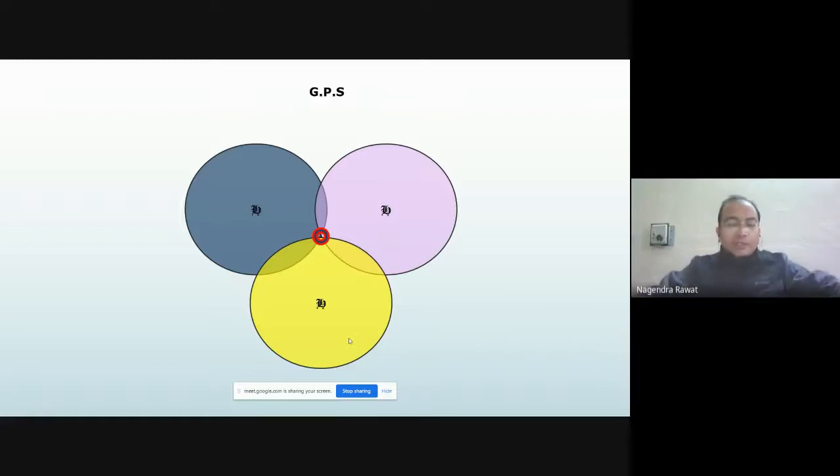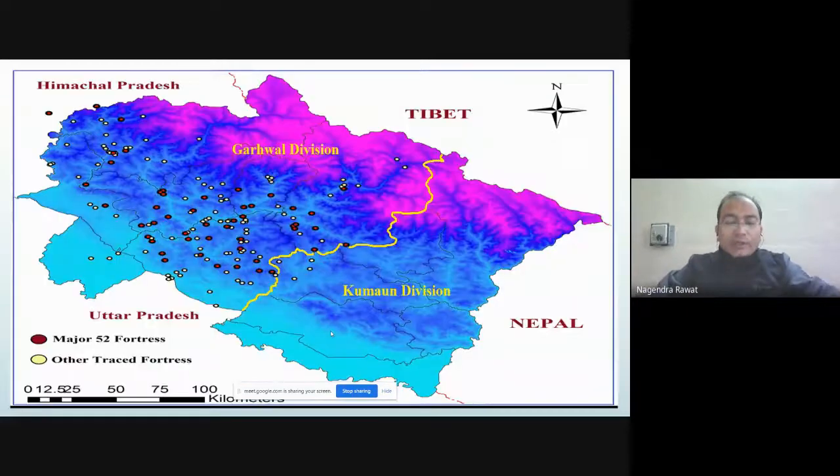But when we process this data in GIS, basically a geographical information system, a software developed to analyze spatial data, we can plot all the collected coordinates on a map.